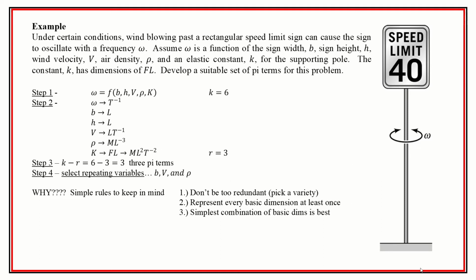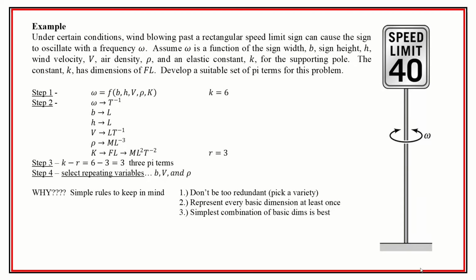Under certain circumstances, wind blowing past a rectangular speed sign can cause the sign to oscillate with a frequency of omega. Assume omega is a function of the sign width, the sign height, the wind velocity, the air density, and an elastic constant for the supporting pole.